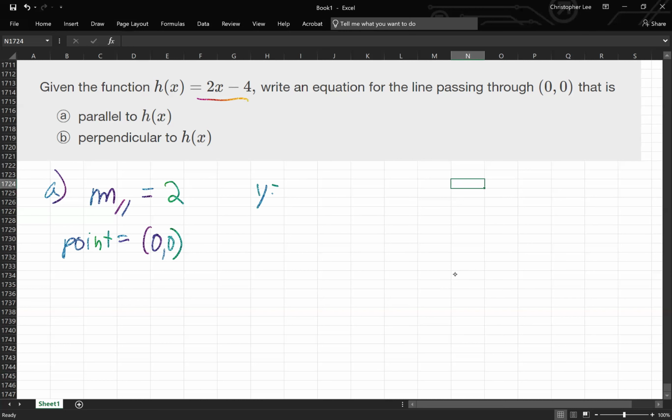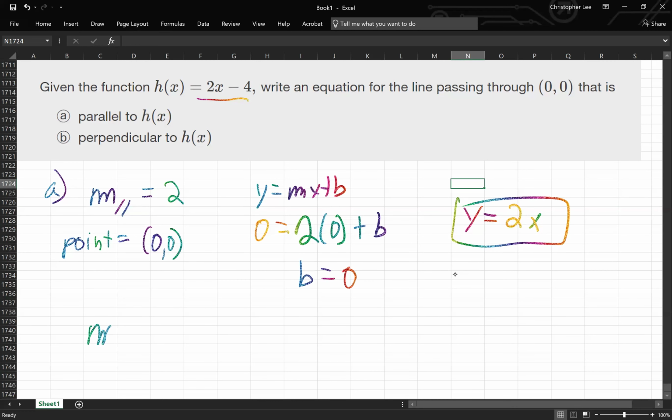So y equals mx plus b. Plug this in. 0 is equal to 2 times 0 plus b. All right. So b is equal to 0. So what's my equation? y is equal to 2x plus 0, but you get the idea, right?